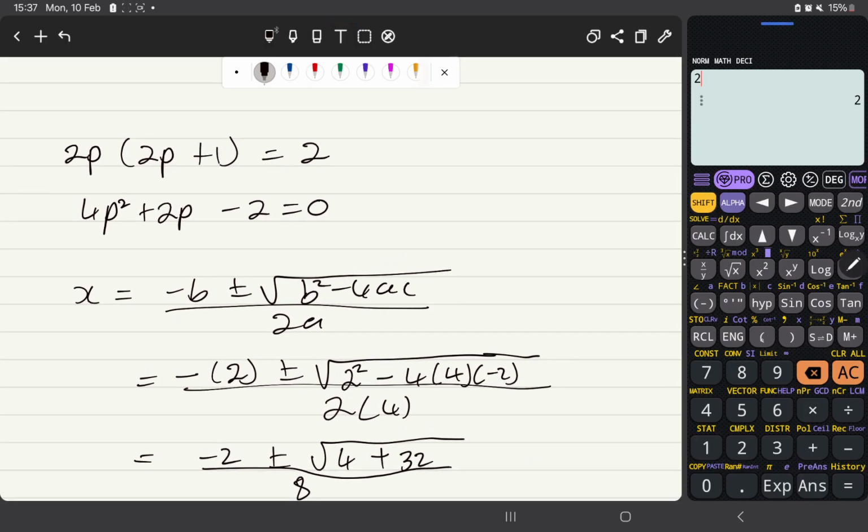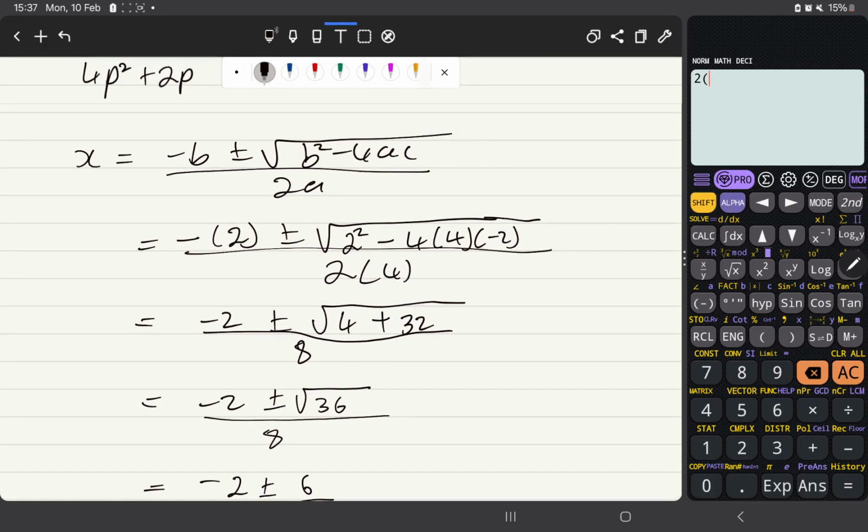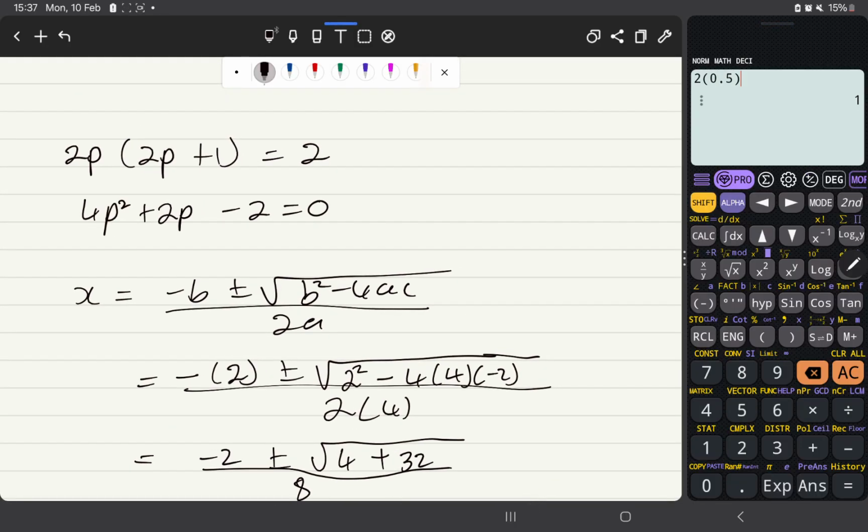We have 2 multiplied by what? Multiplied by half, so I'll just say 0.5. The whole thing is 2 multiplied by 0.5 plus 1. We are getting 2, so yeah, it's fine.